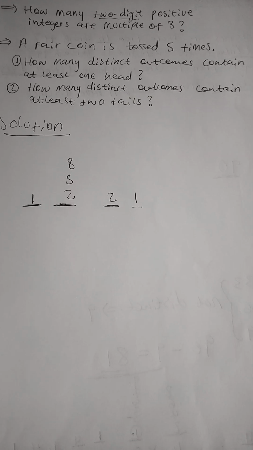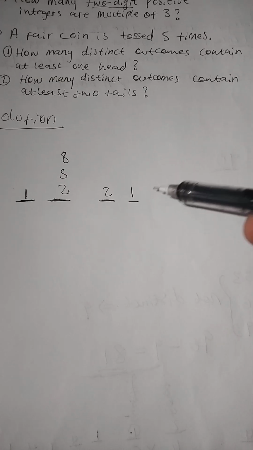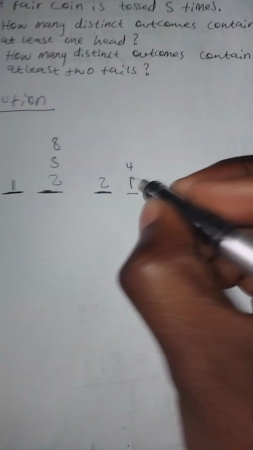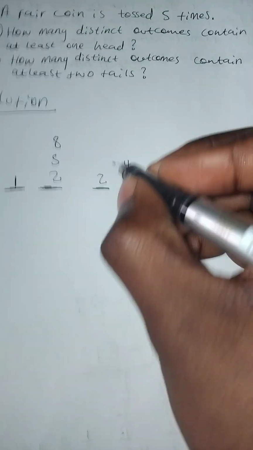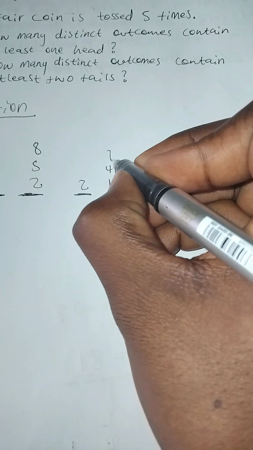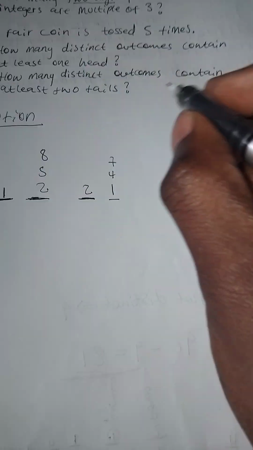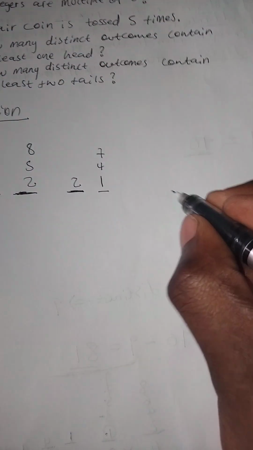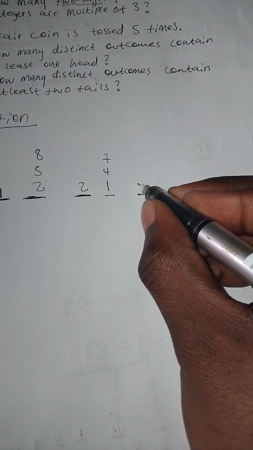Then if we keep counting in multiples of 3, from 21 we go to 24, then going up again 27. Then if we keep adding, it's going to go to 30. Okay, so we see it's no longer starting with a 2, it starts with a 3.